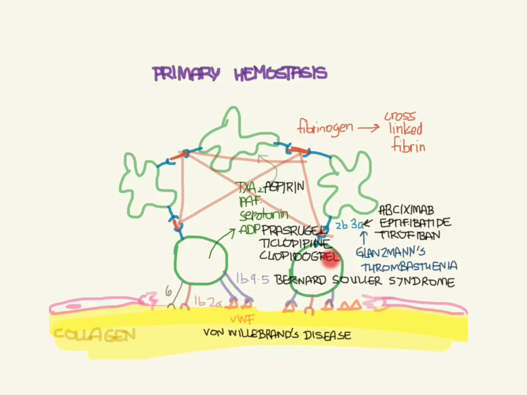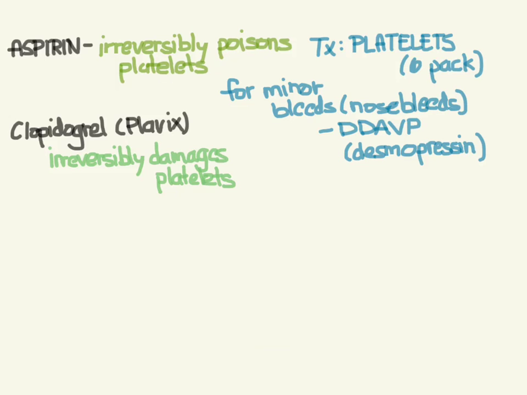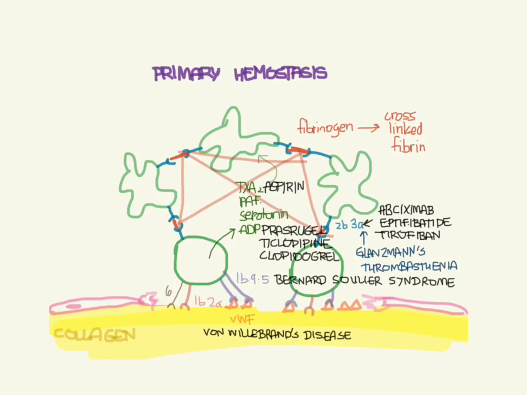Now, what about drugs like Clopidogrel? And this also irreversibly damages platelets, though this time through the ADP receptor. And this will also require platelets to be given, usually more than 2 units. Okay, let's look at one more. Let's look at these, like abciximab.